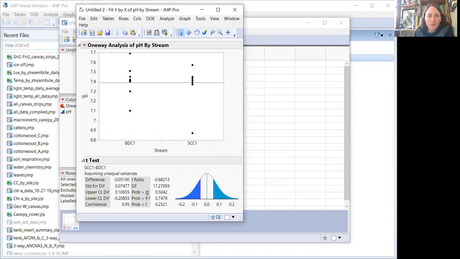The probability of getting a t greater than this due to chance alone is 0.5042. So my p-value here is much larger than 0.05, and I cannot reject my null hypothesis. There's no difference in pH between BDC1 and CCC1, which are two different stream locations. Okay, so that's one example.